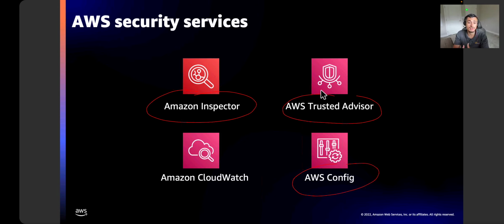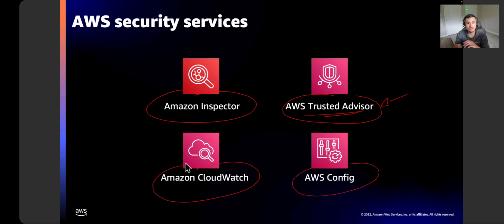So it runs checks against areas like cost optimization, performance, service limits, fault tolerance, and there are also security checks which it would run for you. And we need to understand that with AWS Trusted Advisor, depending on the support plan that you use, the number of checks that it runs will differ, right? We have multiple support plans, which we'll talk about later in our billing and pricing domain. But the number of checks that it runs automatically for you in your account will not be the same if you're using a basic plan versus an enterprise plan.